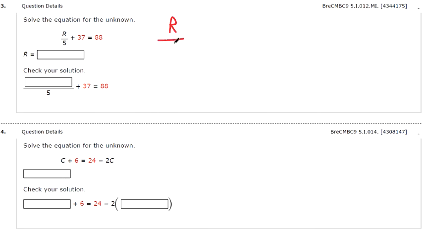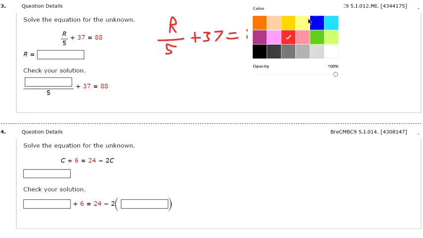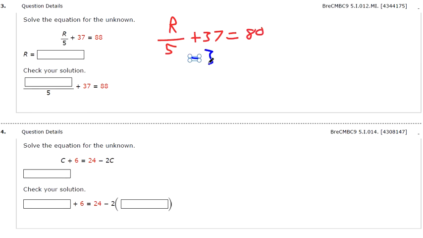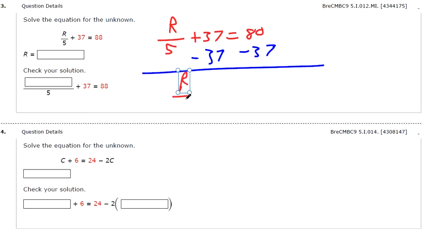This one we just have to kind of combine those two steps. First step you should do in this one to make your life easy is subtract 37 from both sides. Because if you do that, that leaves you with r divided by 5. That should equal 80 subtracted by 37. That's 43.